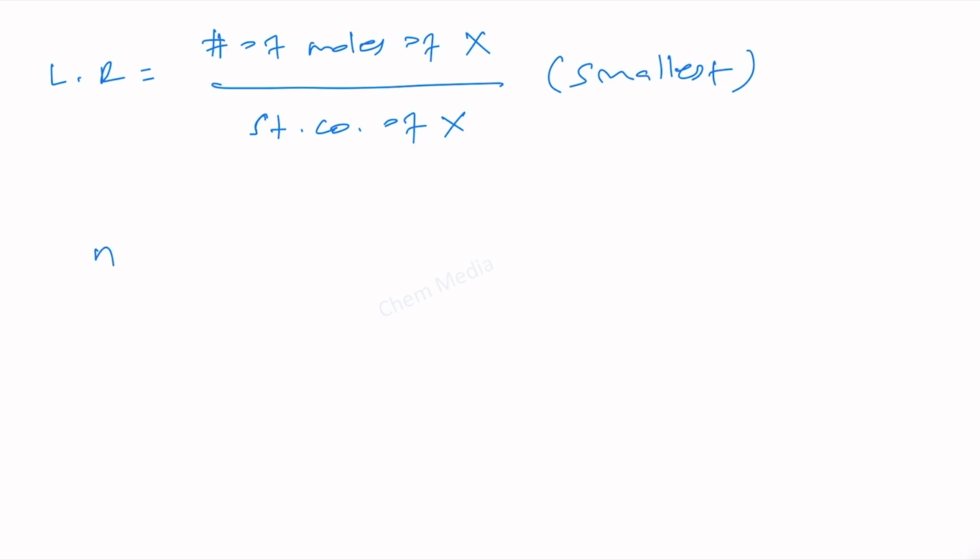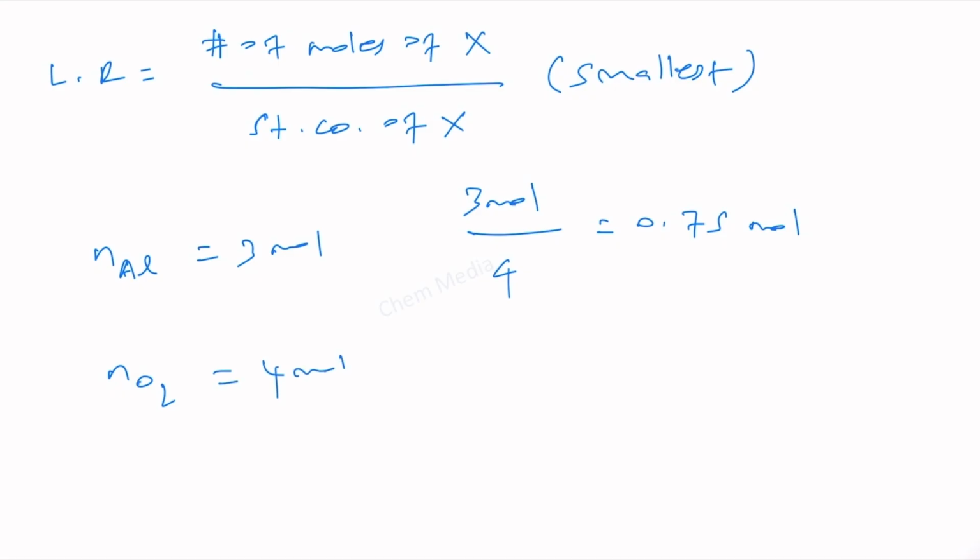Therefore, number of moles of aluminum, we found it as 3 moles, isn't it? So, therefore, 3 mole divided by stoichiometric coefficient 4 is equal to 0.75 mole. Number of moles of O2, we found it as 4 moles. Therefore, 4 moles and the stoichiometric coefficient was 3.